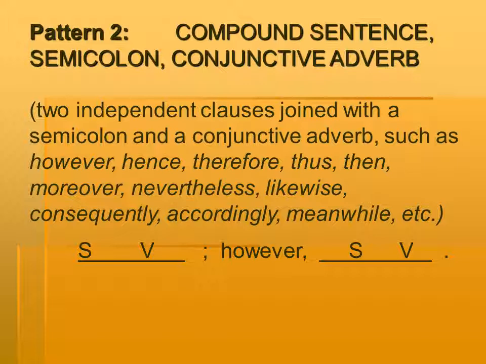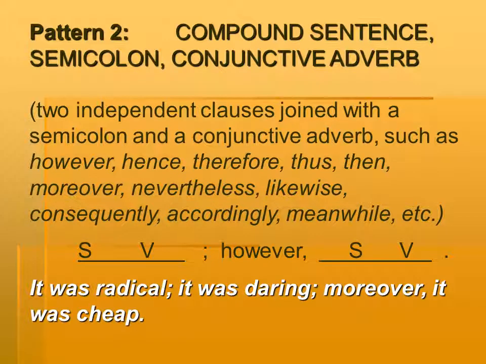So some of the other conjunctive adverbs you might consider are hence, therefore, thus, then, moreover, nevertheless, likewise, consequently, accordingly, meanwhile. And so it was radical, it was daring, moreover, it was cheap.